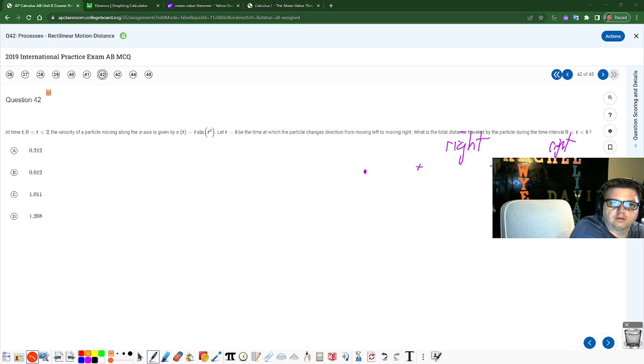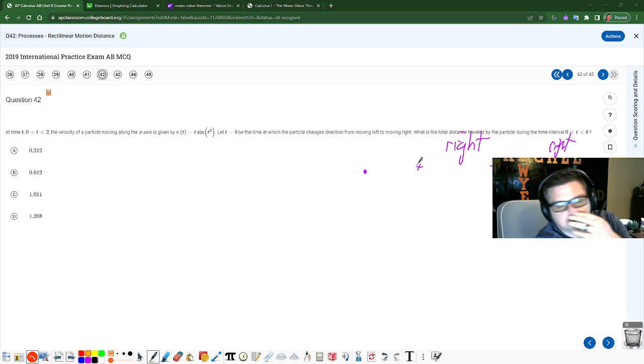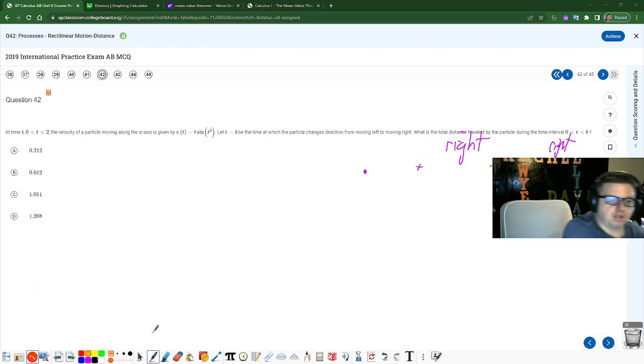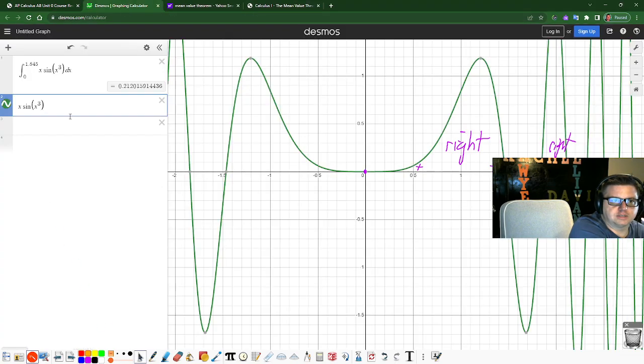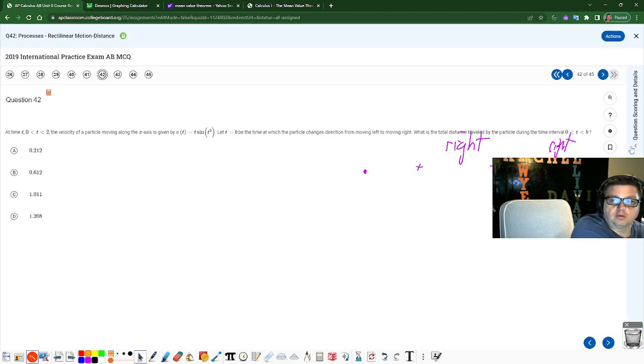And then it's asking what is the total distance. Velocity is the first derivative, where total distance, that's position, that's the integral. So I knew I wanted to integrate my function from the beginning up until it changes from left to right, which would be 1.845.